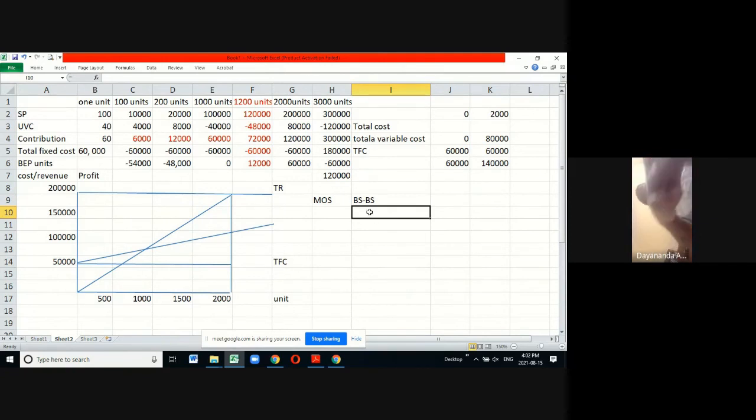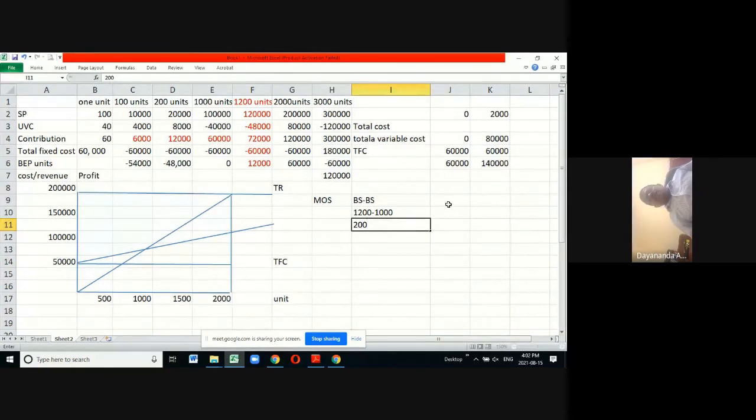Budgeted sales in this example is 1,200. Okay. Break-even sales in this example is 1,000. So thereby margin of safety is 200 units. Margin of safety is 200 units.